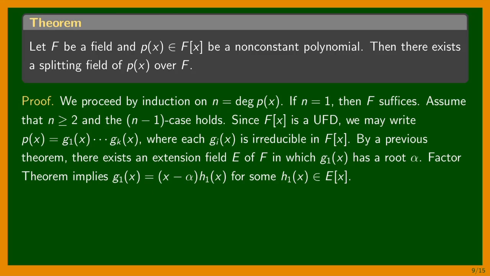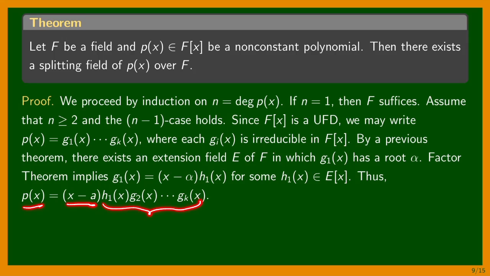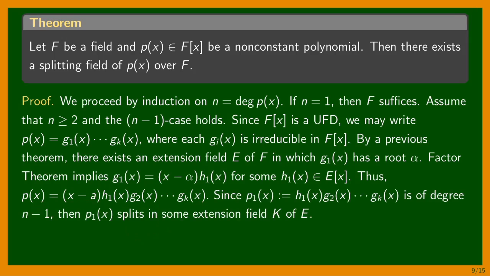Okay? Kaya yung P of X mo ngayon, pwede mo nang isulat ng ganito. Yung G1 of X was replaced by the following. Now, linear ito. Si P of X ay degree n. Okay? Anong degree na ito? Yes, degree n minus 1. By induction hypothesis, this one splits in some extension field K of E. Therefore, tapos na.